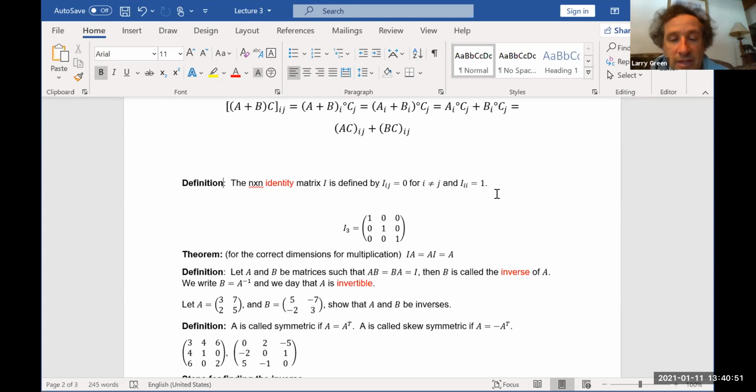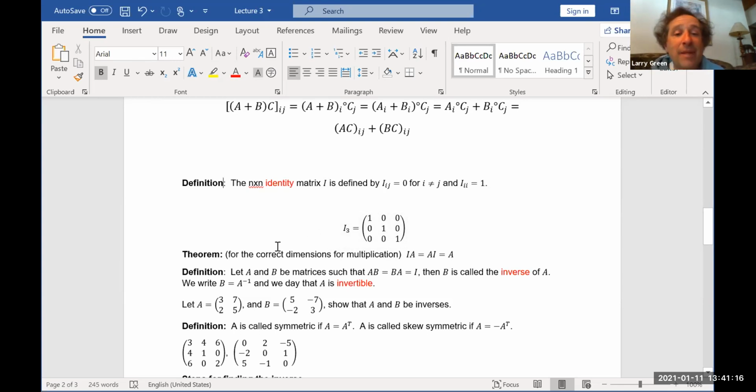I just keep saying it because you've got to know this. This is the one for multiplication, and knowing the number 1 is pretty important, isn't it? So this is like knowing the number 1 for matrices. As an example, here's what I'm calling I3.